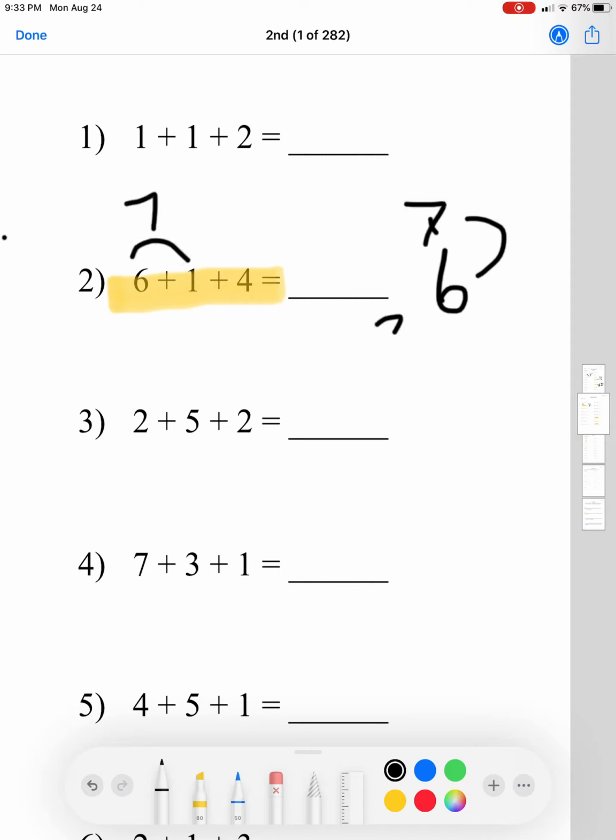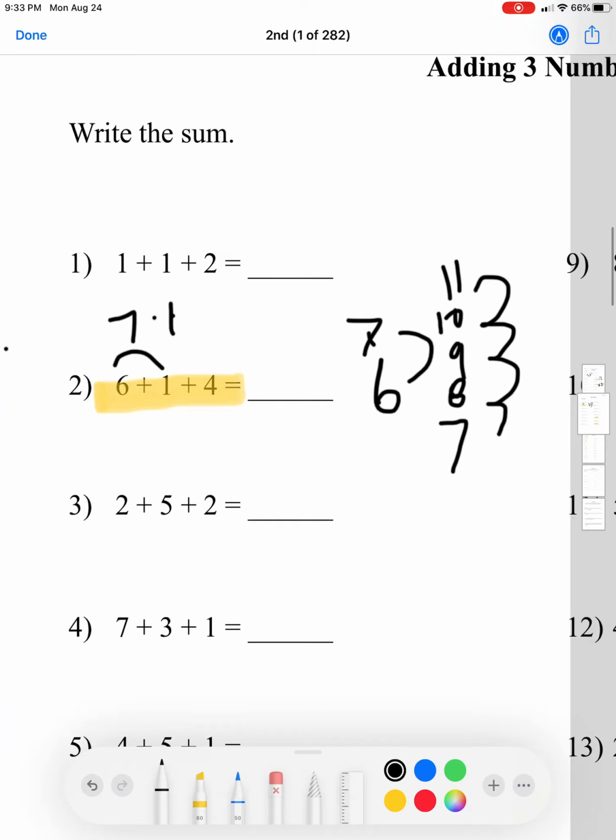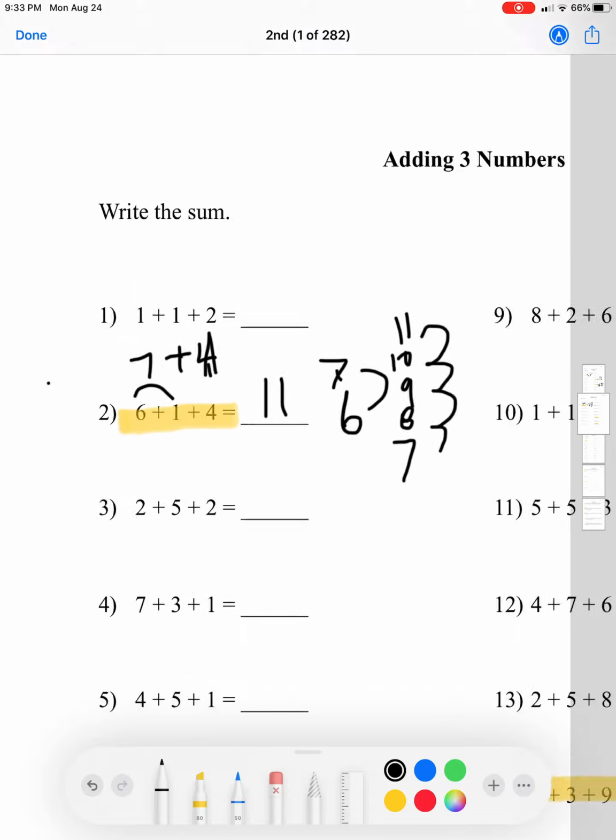We're going to add 7 to 4, and go from 7 up 4 times: 1, 2, 3, 4. 8, 9, 10, 11. So 7 plus 4 equals 11. Sorry, this is really messy, but yeah.